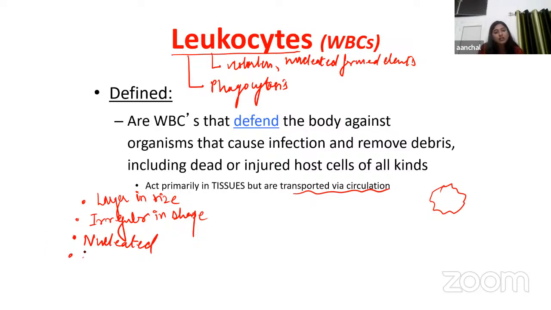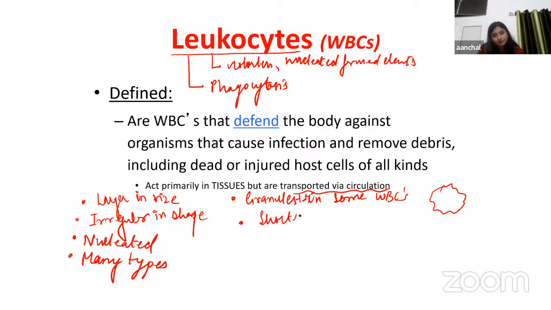They are also of many types, and we are going to discuss those types. There is an appearance of granules in some WBCs. Granules are present in some WBCs, and they also have a shorter lifespan compared to RBC. The lifespan is only some weeks, whereas in RBC the lifespan is 120 days. So this is all about the leukocytes.